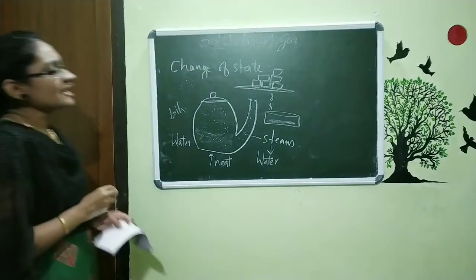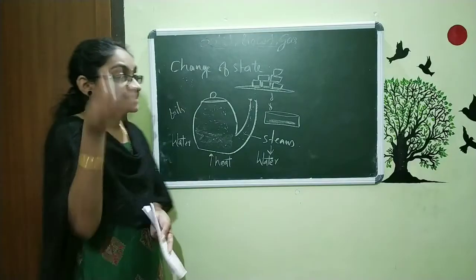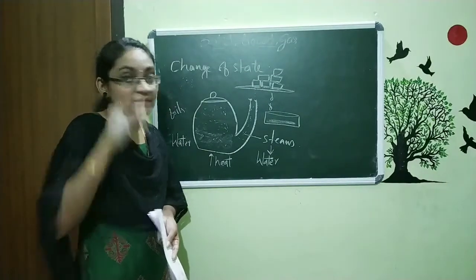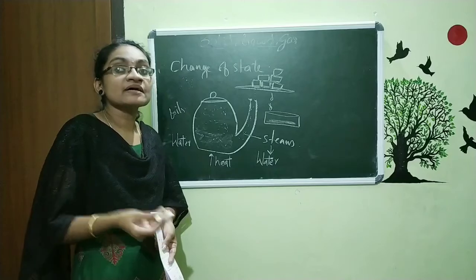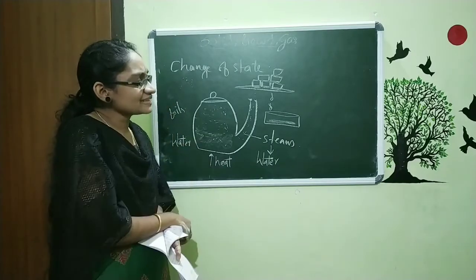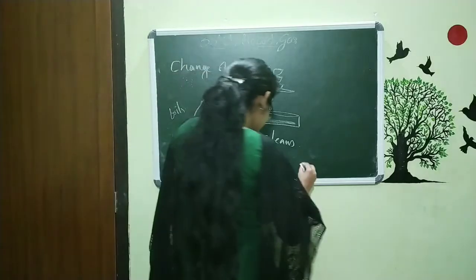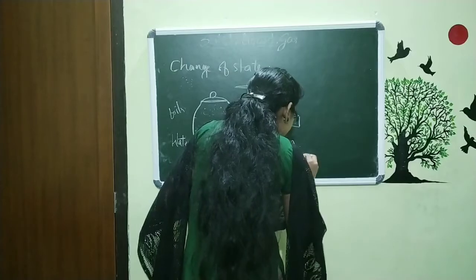And now the question is, what is the name of this process? We said that the process is at the initial stage melting. Then we studied about the vaporization or evaporation. Likewise, what is the name here? Here the name is nothing but condensation.